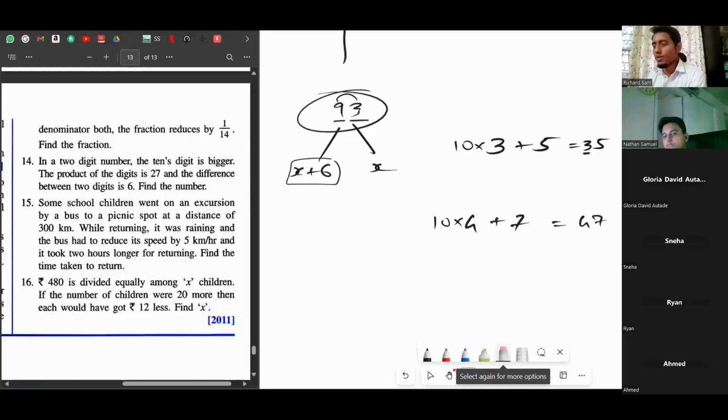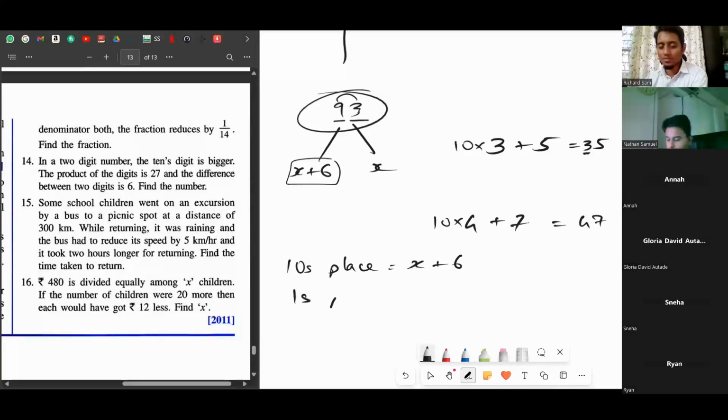Now, we already know what is tens place and what is units place. What is a tens place? Tens place is x plus 6. And the ones place is x. So, how do we represent the number?